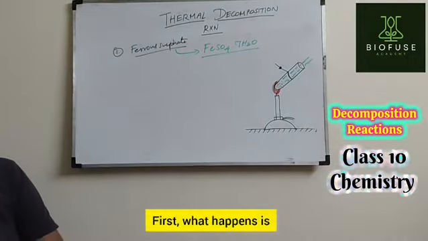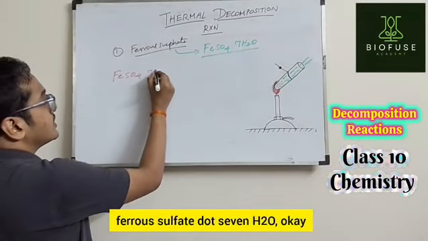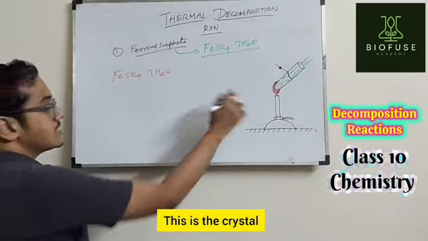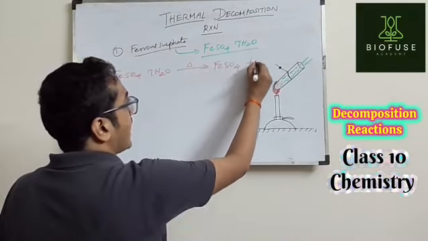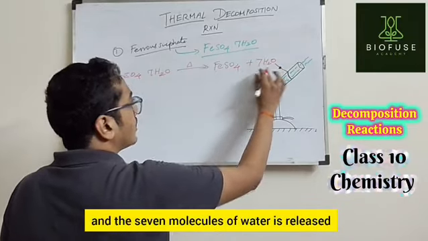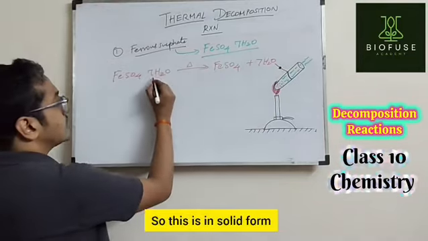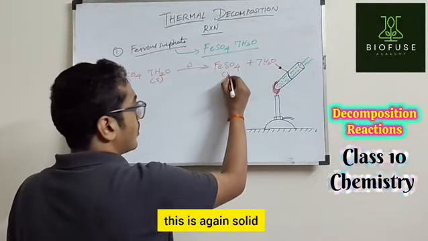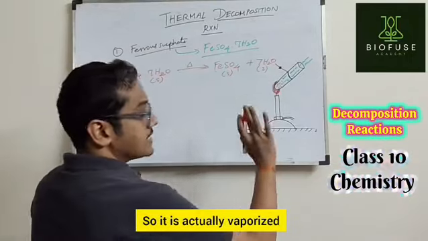First, the ferrous sulfate dot 7H2O crystal, upon heating, forms ferrous sulfate, and the 7 molecules of water are released, or evaporated. This is in solid form, this is again solid, and this is in liquid form, so it is actually vaporized.